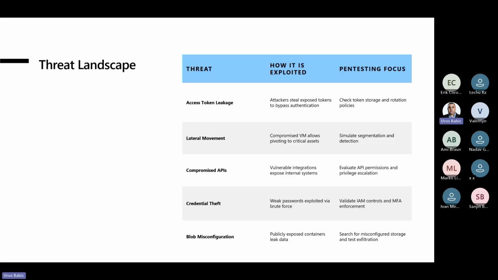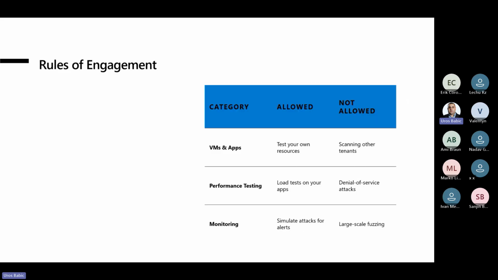Of course, we perform some external footprinting and validate proper firewall and network security group configuration. From the point of view of network security, this is very important. Attackers use Bing and Shodan to find exposed endpoints and services, and many others. But I think it is very often how it is exploited that is the pen testing focus.